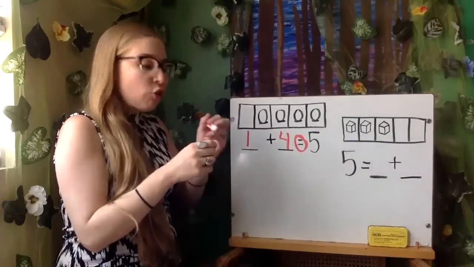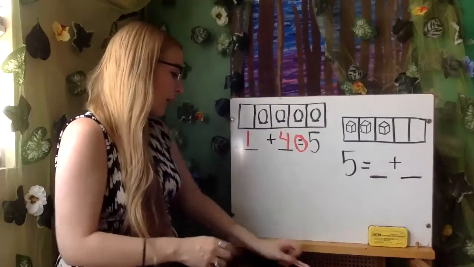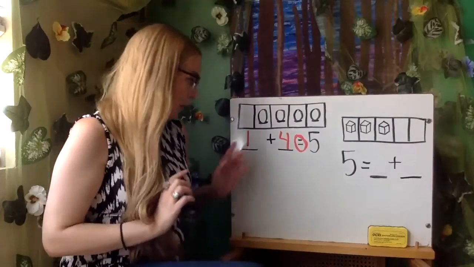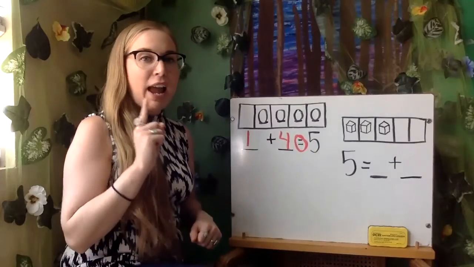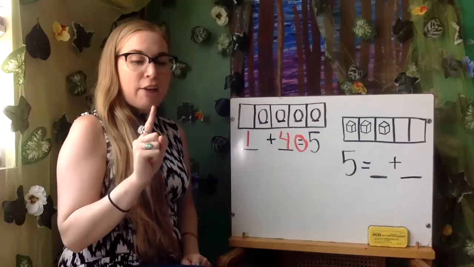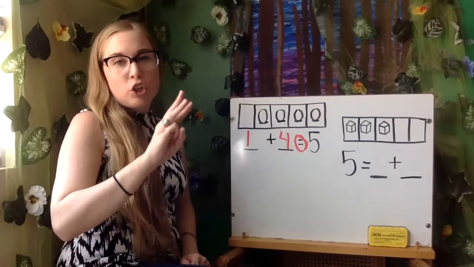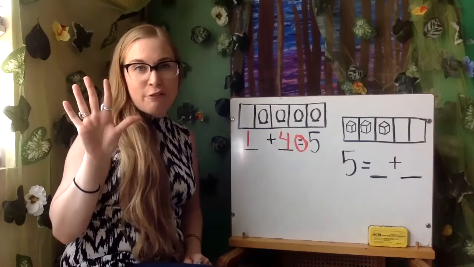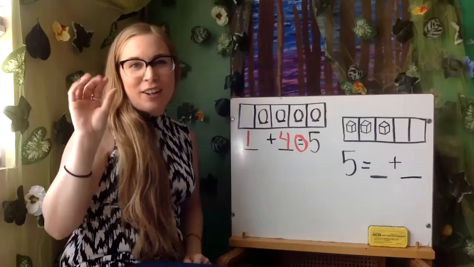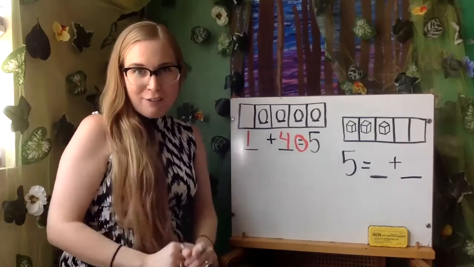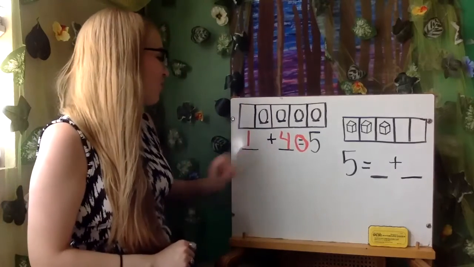And let's just make sure that we have 5 on each side. We'll make sure 1 and 4 do equal 5. If I have 1 and I add 4 more, 1, 2, 3, 4, did I get 5? Does 5 equal 5? Yeah, so we did a good job on that.